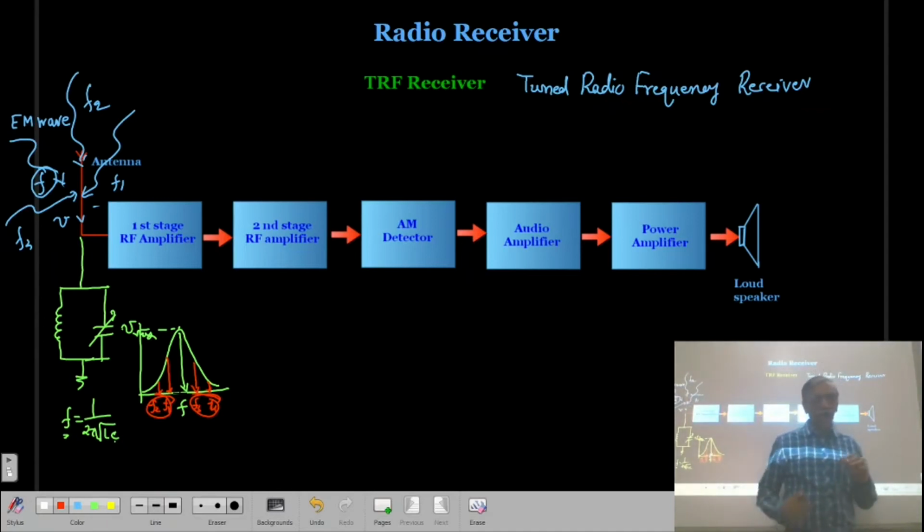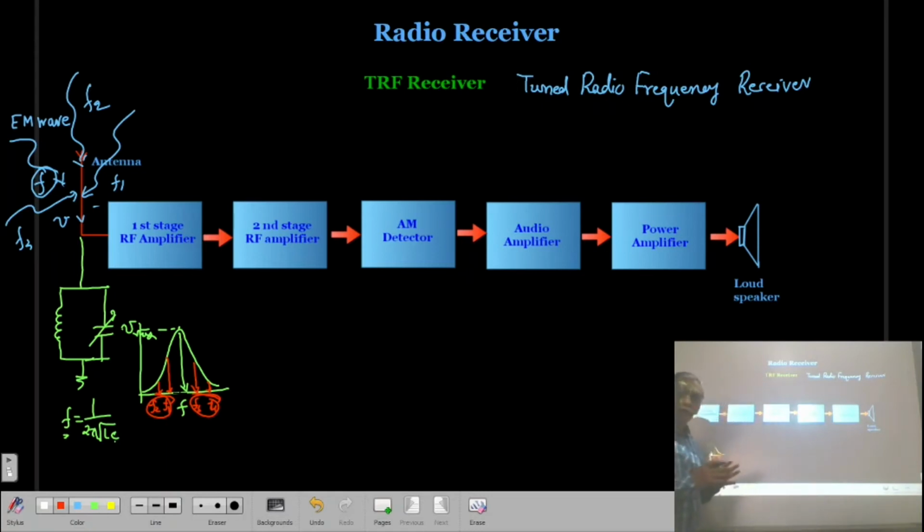In other words, these frequencies are rejected by the resonance circuit. So in this way, at the input of the receiver, we have a tank circuit which will select one particular frequency that we represent as Fs. So this frequency Fs will be at the input of the radio receiver. Correct? So it is going to be selected here.